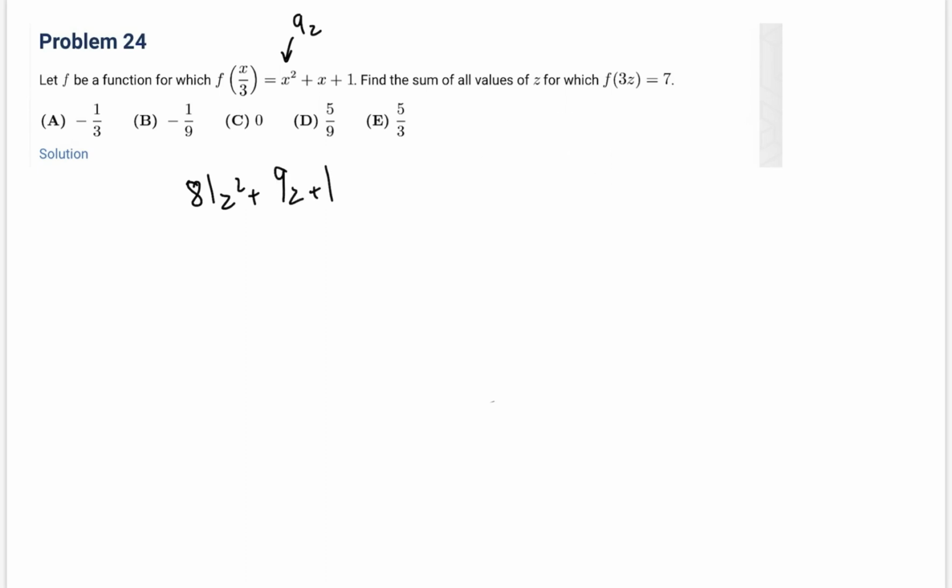So all values of z for this should be 7. So if we divide by 3, then 27z squared plus 3z minus 2 equals 0. So it's 9, 3, and 2, 1, and here. So z would be minus 1 over 3 and 2 over 9.